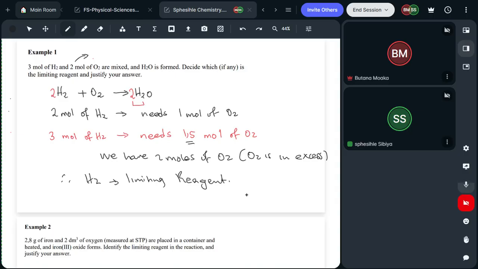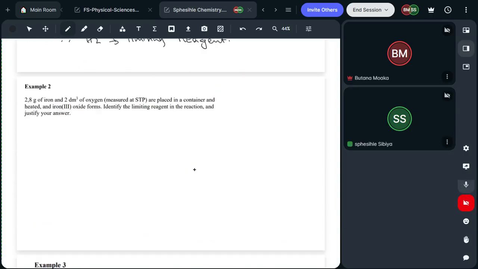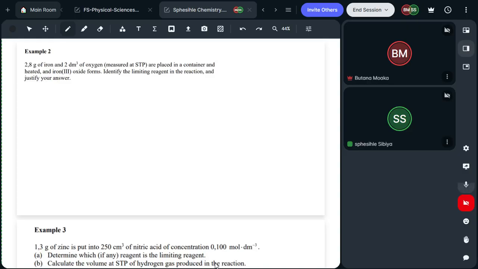I think this one is easy when you do the mole ratio. Yes. Perfect. But in some of the exam questions, you'll be given the mass and need to do a lot of calculations, 4-mark questions, 5-mark questions, like this one.